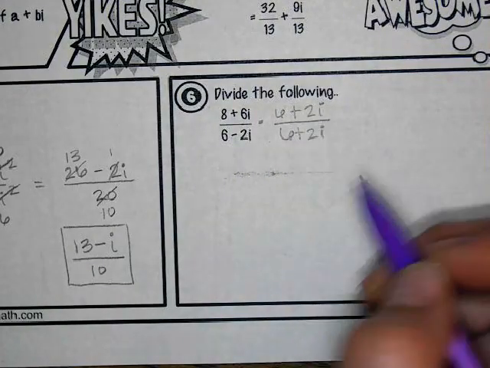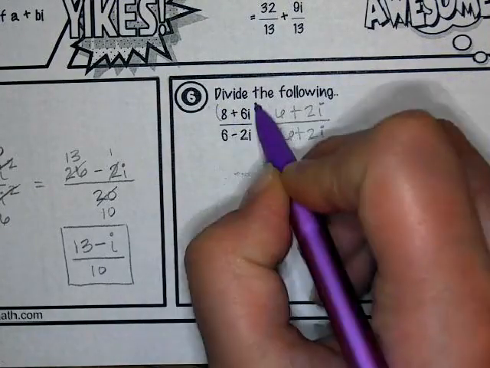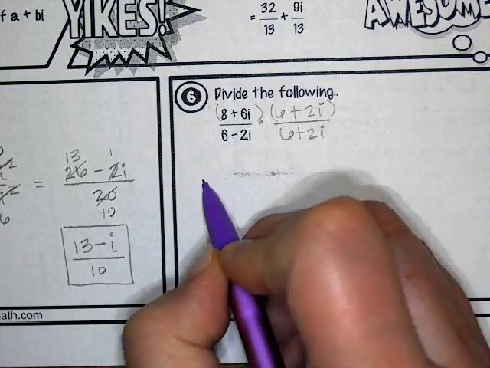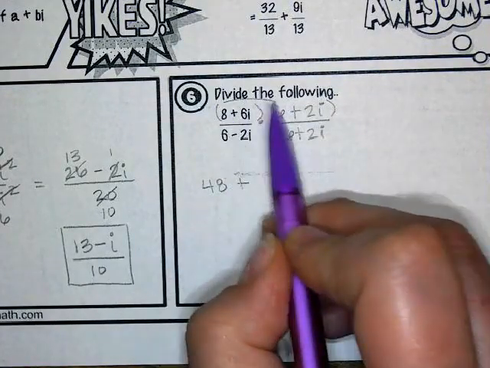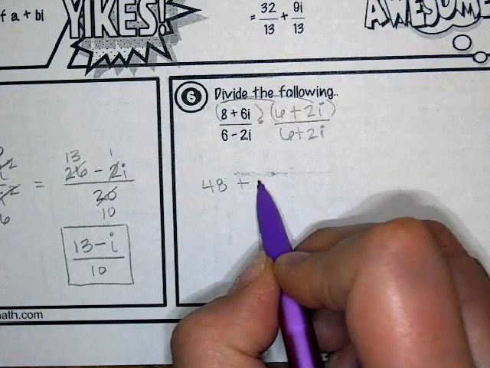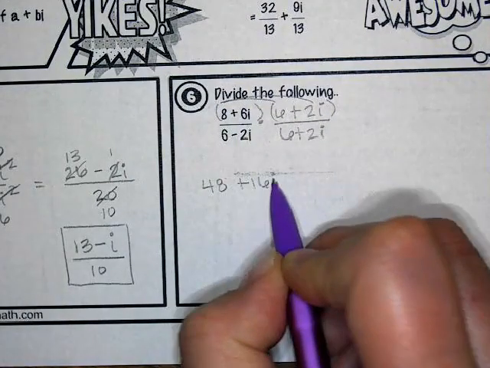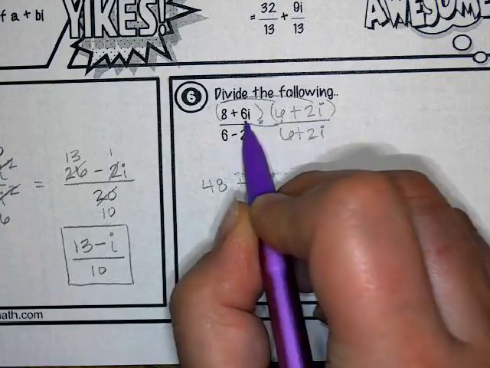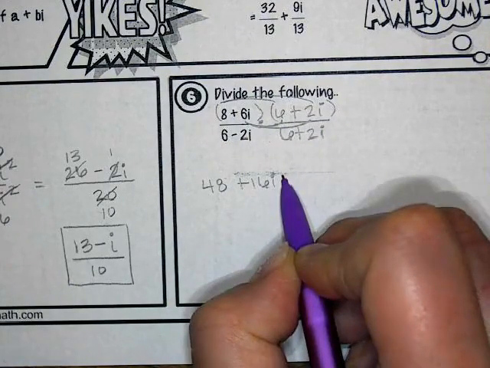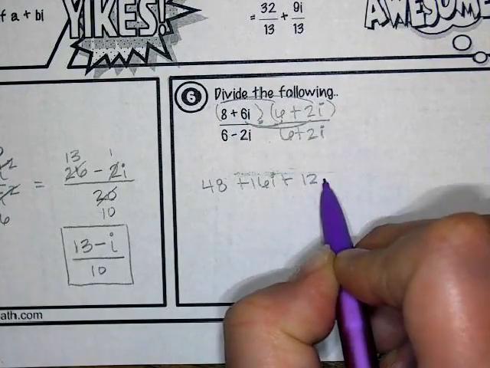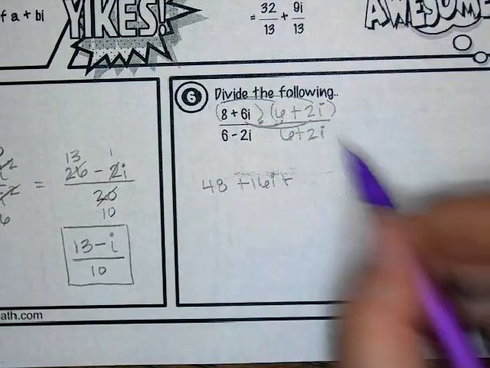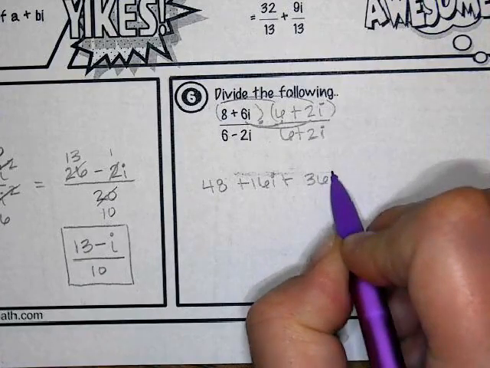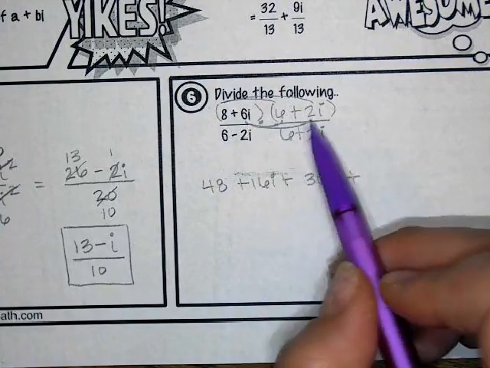So what do we get on the top? 48 plus 16i plus 12, nope, 36i plus 12i squared, okay?